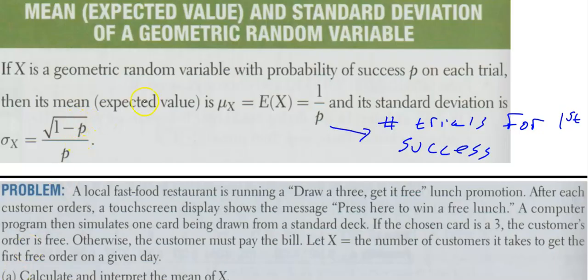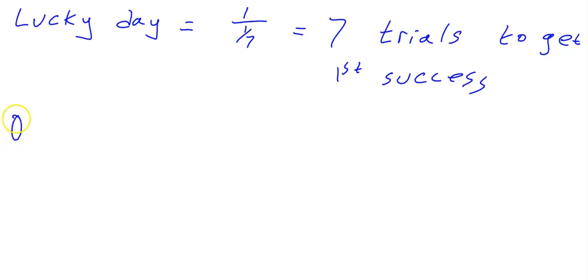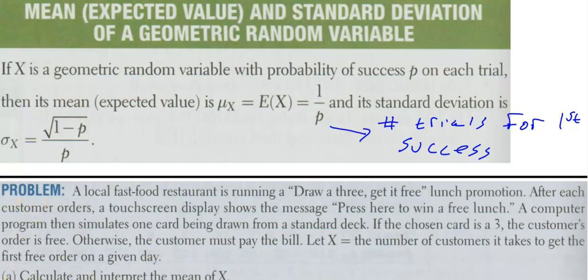And then the standard deviation for that is going to be the square root of 1 minus 1/7, all divided by 1/7.